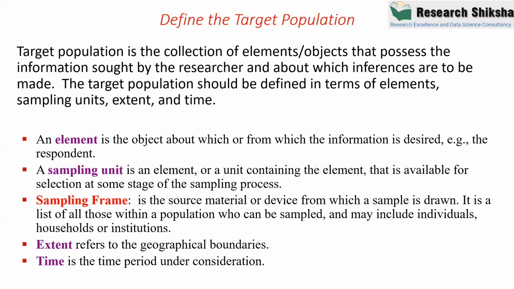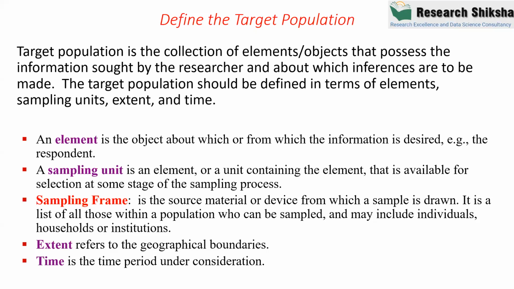So basically, the list of the population units from where you are selecting the sample is known as the sampling frame. The sampling frame is the list of the units in the target population which can be part of your sample.